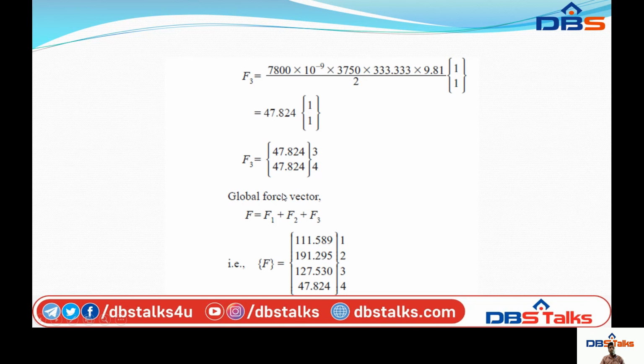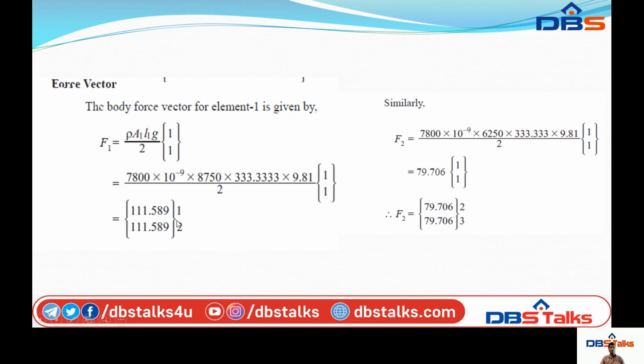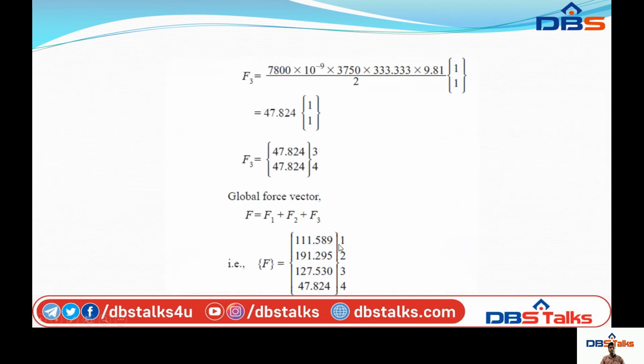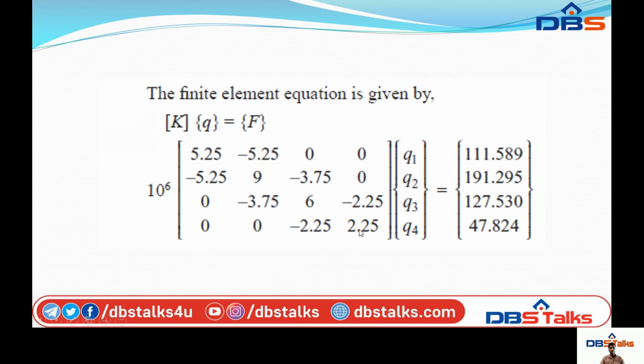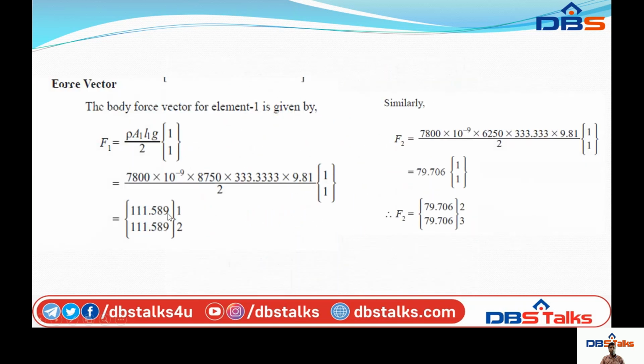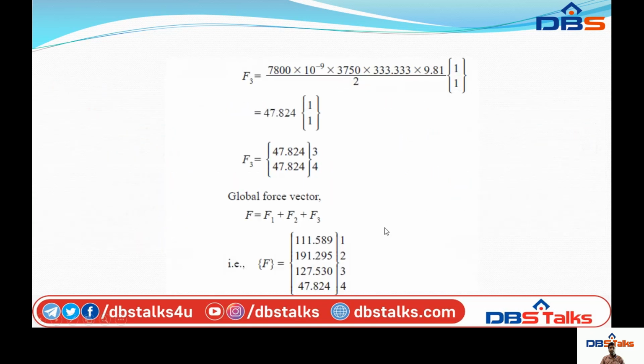In this, F is 111.589, 111.589, then 79.706, 79.706, then 191.295, and 127.530, 47.824.